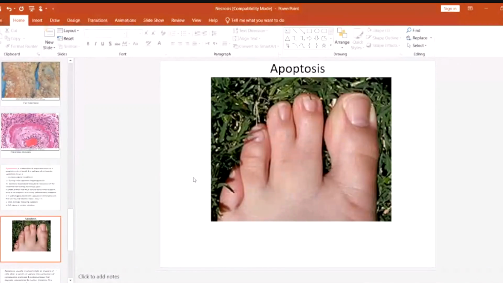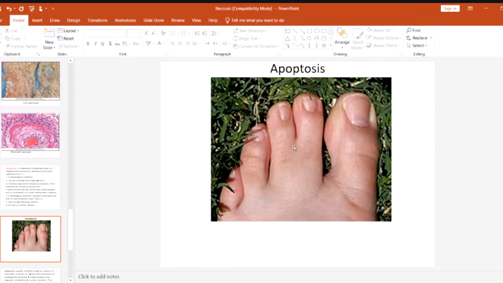Now, for example, in organogenesis or embryogenesis, students, this is the big toe of the foot, and these are the other toes. Normally, there needs to be apoptosis at this region for separation of these toes.